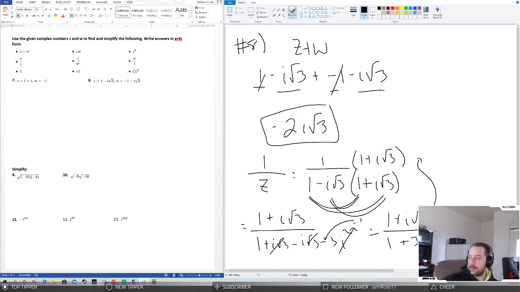So I'm going to move that here. So I'm going to get 1 plus i root 3 over 4. So that's going to give me 1 over 4 plus root 3 over 4i. Because remember, we want to write it in the a plus bi form. That is the formal, proper way to write it.